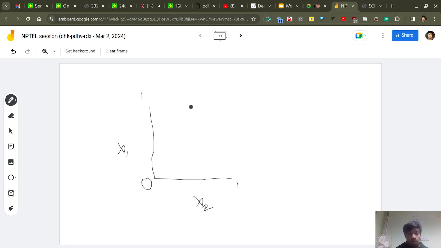In case of 0, x1 is 0, x2 is 0, so the output will be 0 for XOR, right? And for 0 1 it will be 1, suppose square. 1 0 here also it will be 1, but here it will be 0.